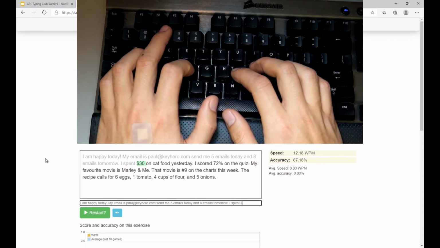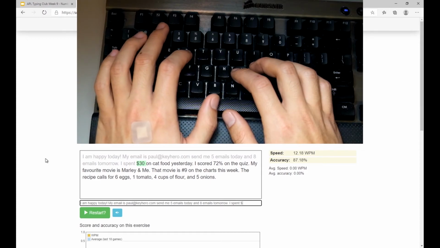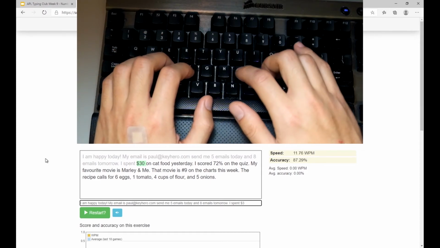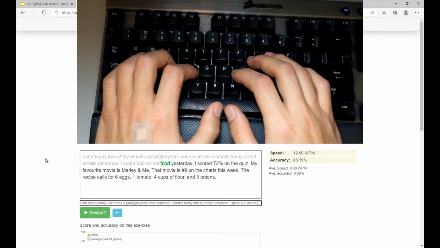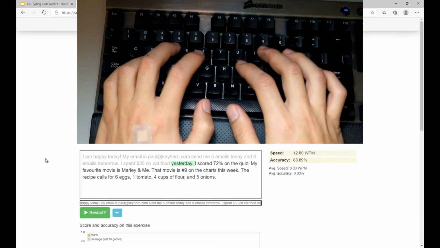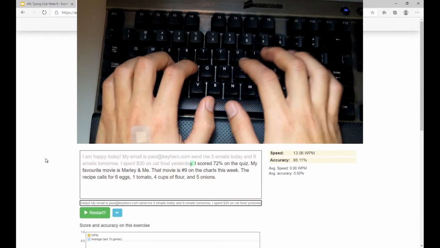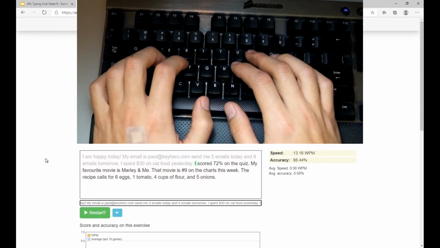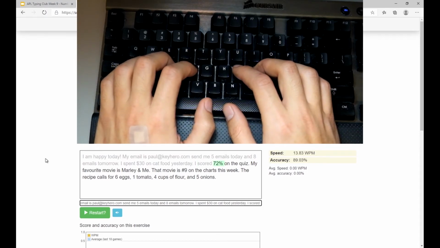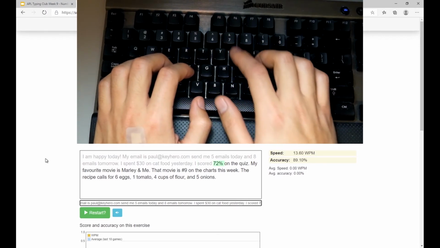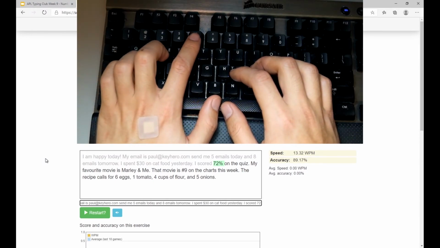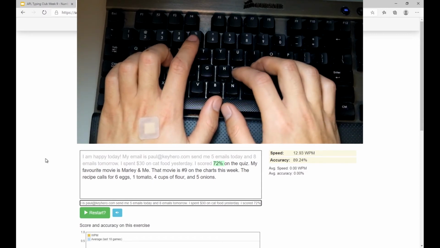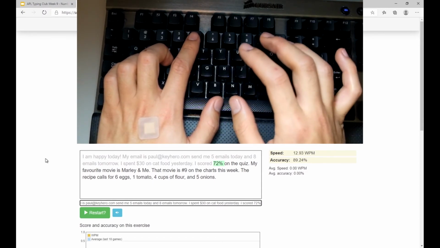And we type 3 with our middle finger of our left hand, and 0 with the pinky of our right hand. And then we type 7 with the index finger of our right hand, and 2 with our 4th finger of our left hand. And we type the % key with our index finger of our left hand, so we type shift with our right hand.